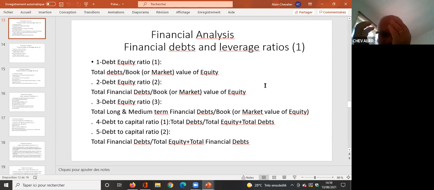Just because we know, and we come back later on that, we know that the cost of equity is always higher than the cost of debt. It means if you increase your level of financial debt without crossing the limits which are accepted, you have a better performance than if you use only a few percent of your capacity to obtain debt.